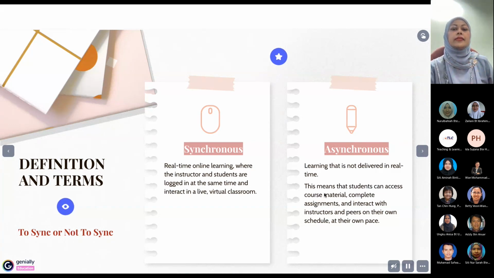For the synchronous itself, we are going to allow the instructor, us the teachers, and the students to be at the same place. For example, we are handling this particular session right now, a real time, synchronous session. Is it face-to-face? That is a different debate, because when we say it's online and I'm talking to you right now and interacting with you over the internet, that is considered online and synchronous.